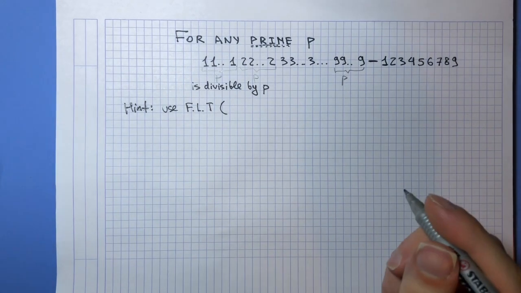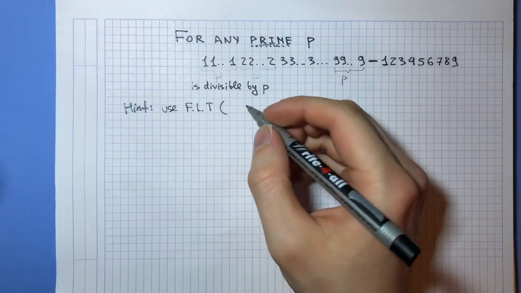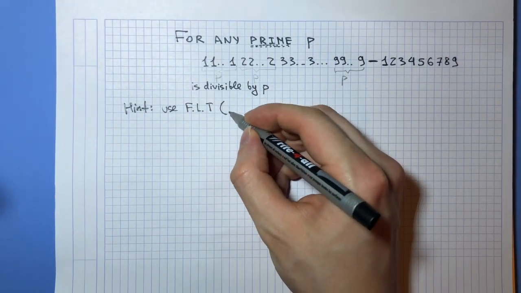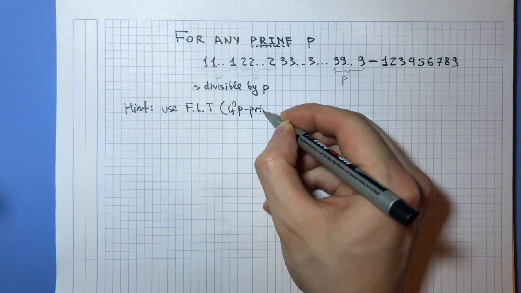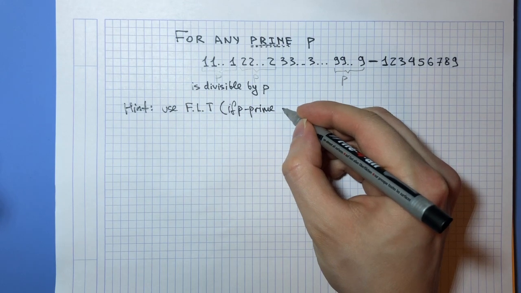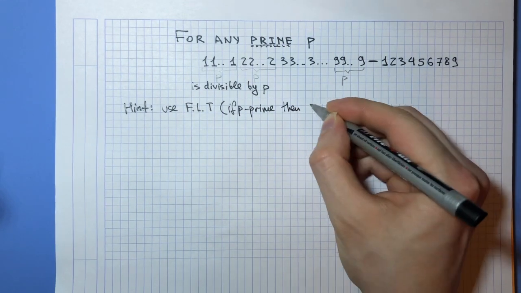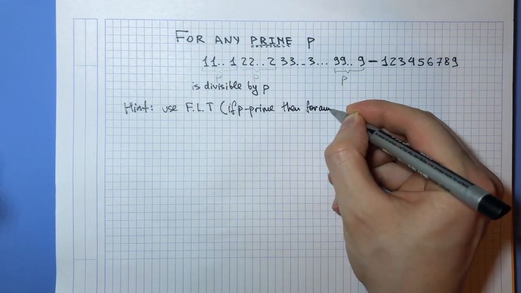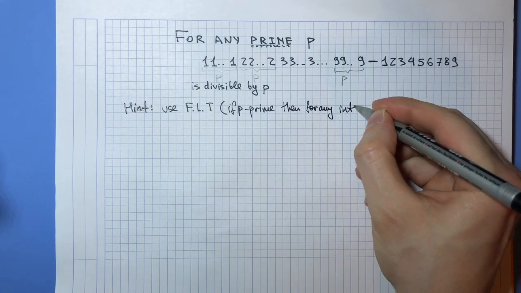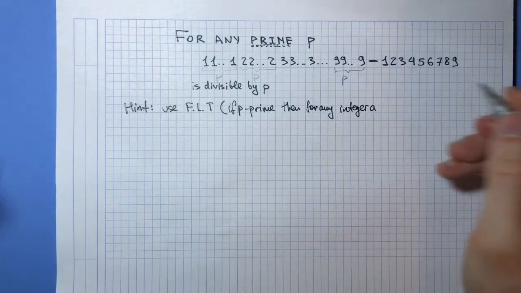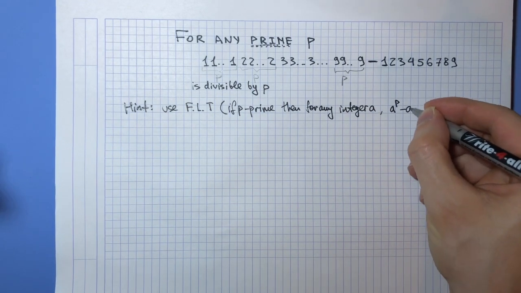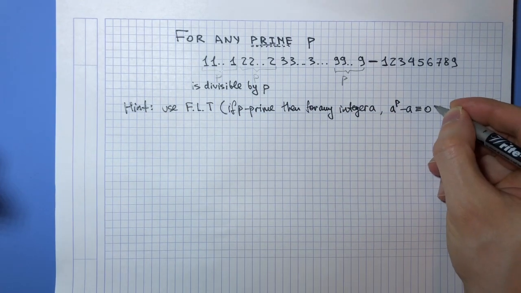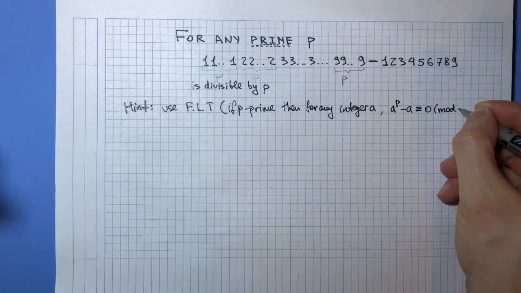And as a reminder, what that theorem states is, if p is prime, then for any integer a, we know that a to the p minus a is divisible by p.